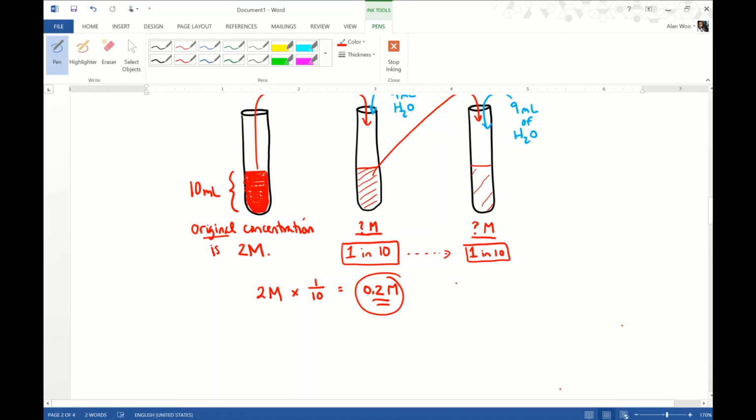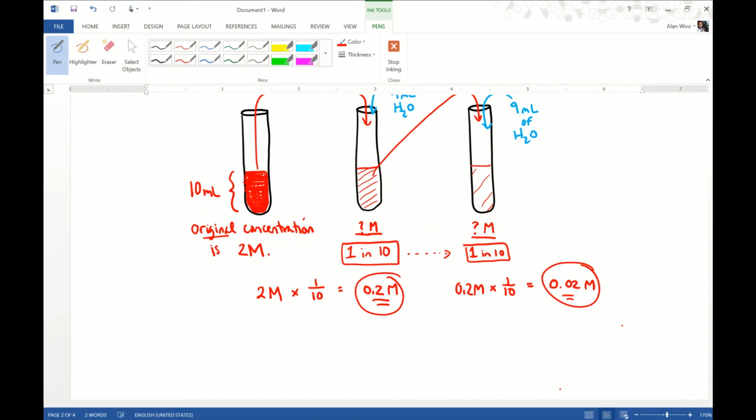So we take 0.2 molarity times 1 over 10, which is basically dividing by 10, and that gives me 0.02 molarity. So again, I've diluted it another 10 times.